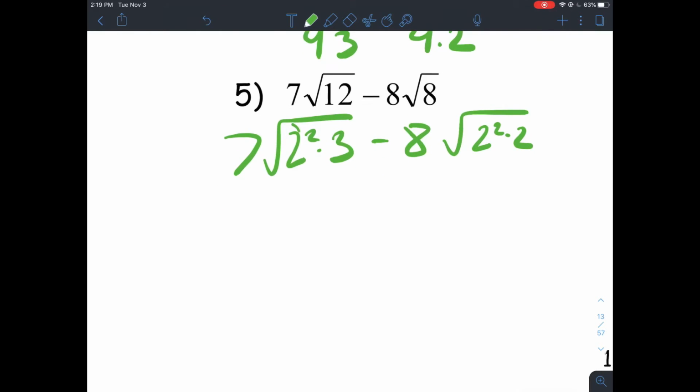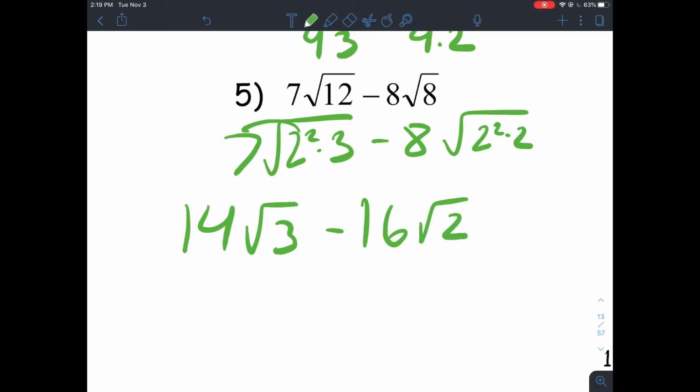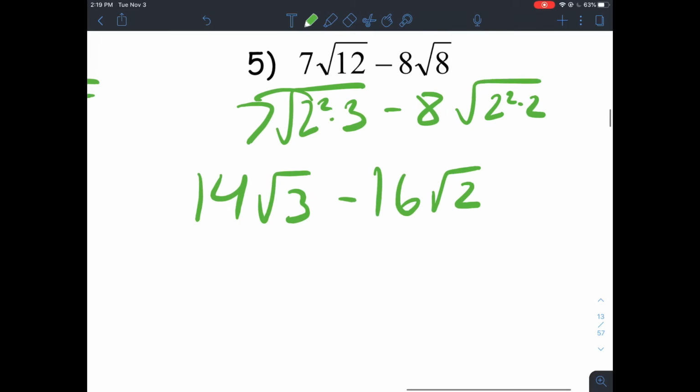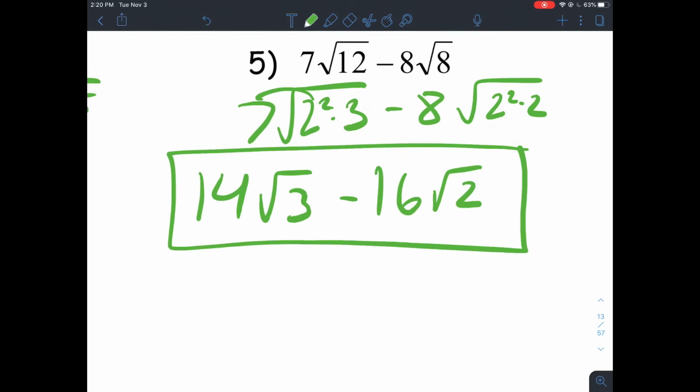So we'd end up with, pulling our 2 out here, 14 root 3 minus 16 root 2. Notice here we actually do not have like radicands. We've got a 3 and a 2, so this is the most we can simplify that.